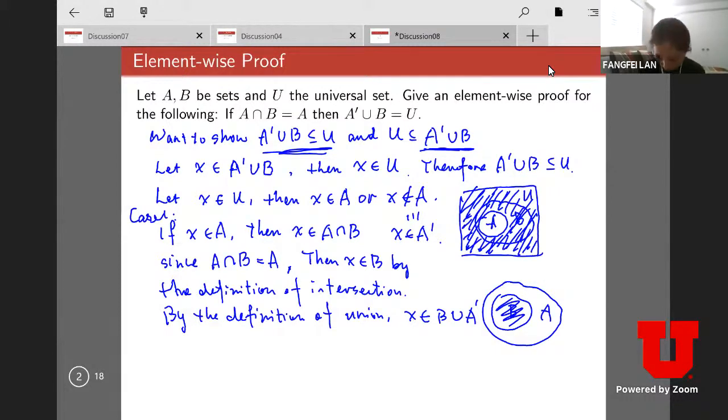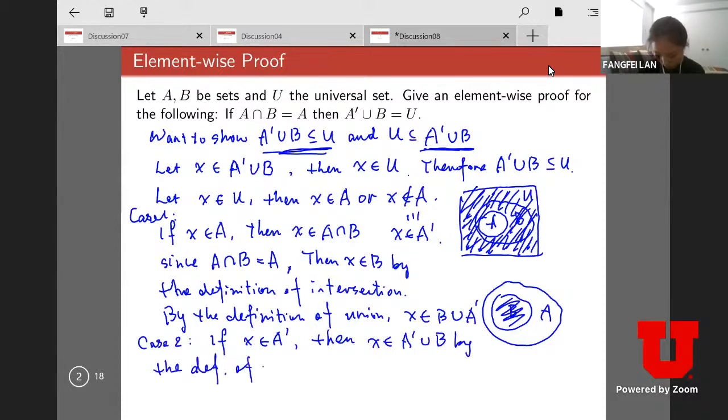So what about case 2? Case 2 is that X is in A complement, right? Then this one is easy. We want to show X is in A complement union B. We can simply say X is in A complement union B by the definition of union.